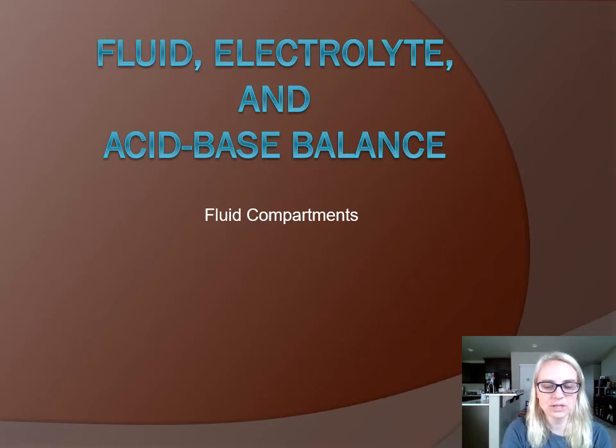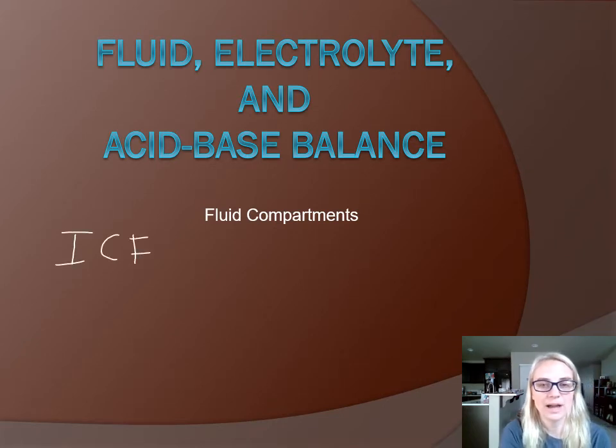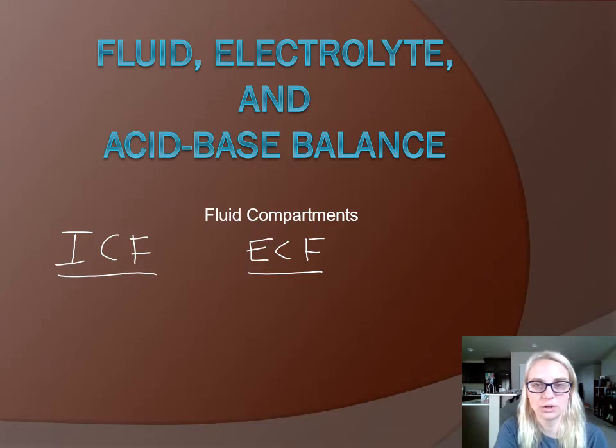The first thing I wanted to lay out are the fluid compartments, because we're going to talk about fluid balance first. So we have our two major fluid compartments. They are the ICF and the ECF, which stands for intracellular fluid and extracellular fluid.